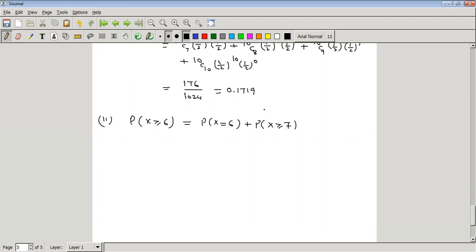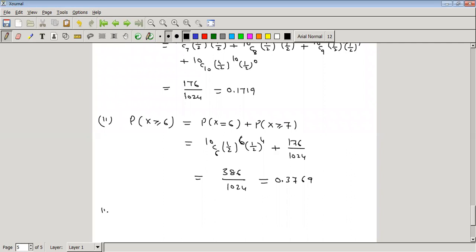So it is 10C6 (1/2)^6 (1/2)^4, 10 minus 6 is 4, plus the already calculated 176 upon 1024. Calculating the value, we get 386 over 1024, that is 0.3769.